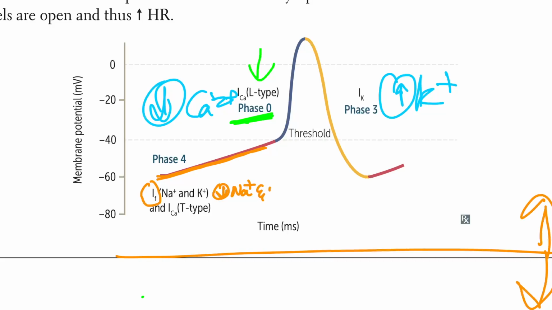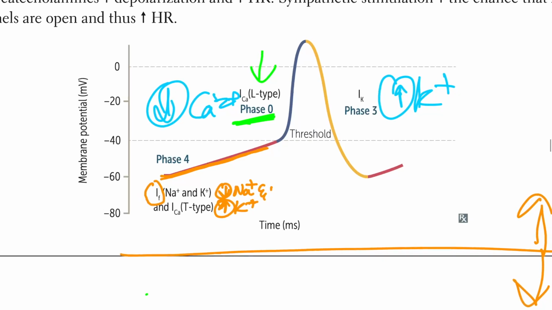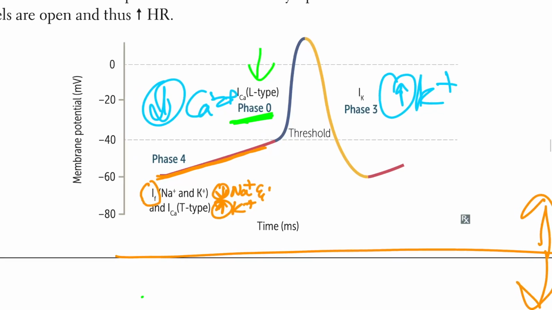So in phase 4, we have these IF channels. What's going to happen is you will have inward sodium, and on top of that you have outward potassium that's there.